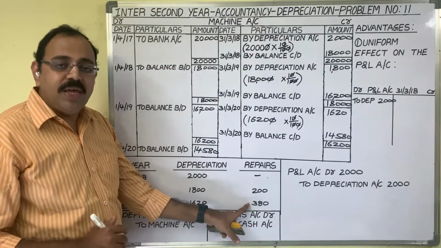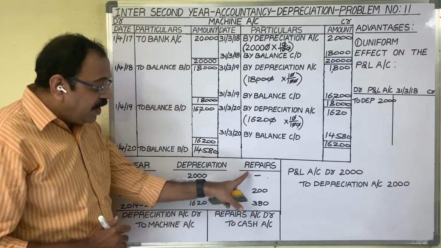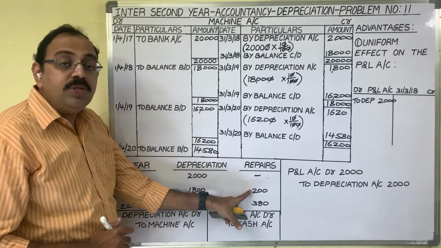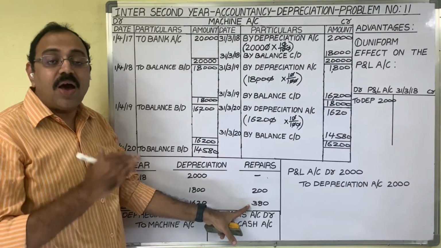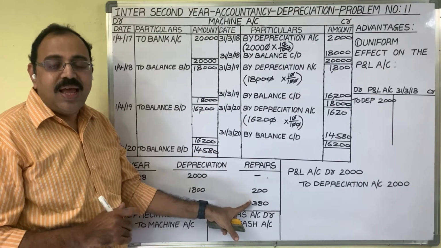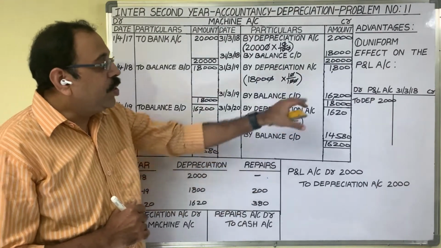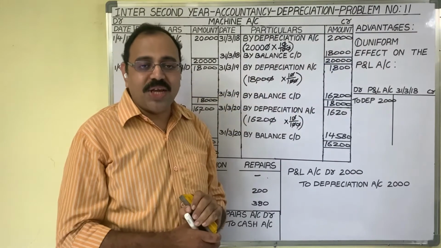Thus, year by year, annual depreciation amounts decrease and repair expenditure amounts increase. The decrease in depreciation amounts is offset by the increase in repair expenditure. As a result, you can see a uniform effect on the profit and loss account.